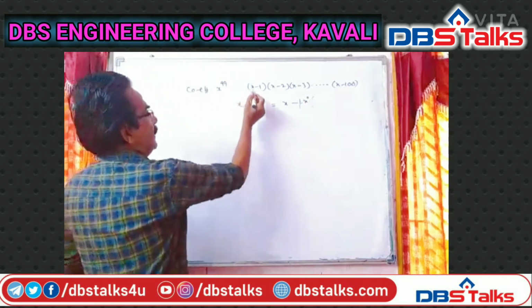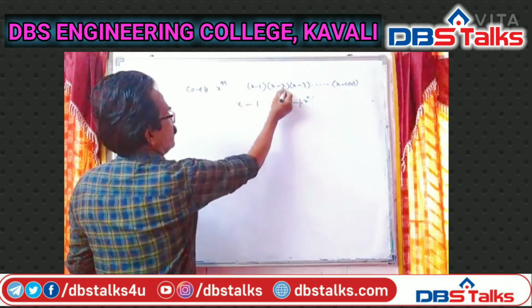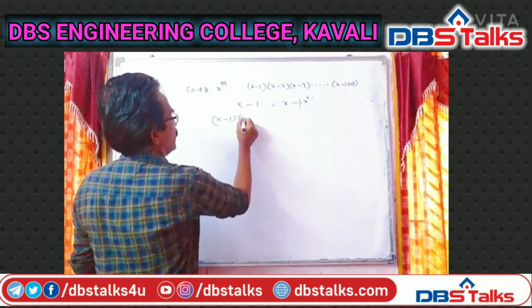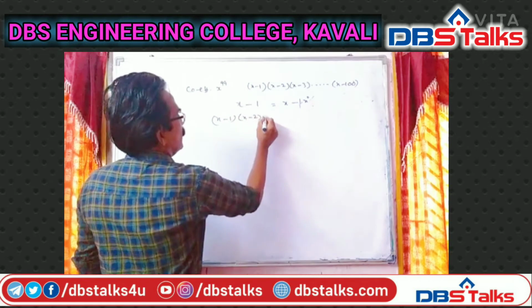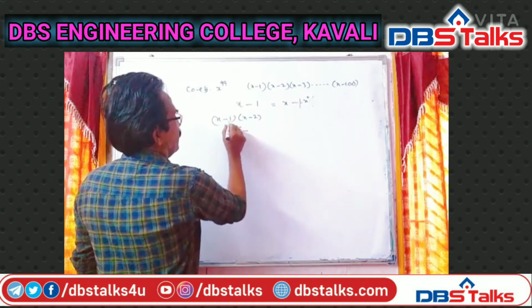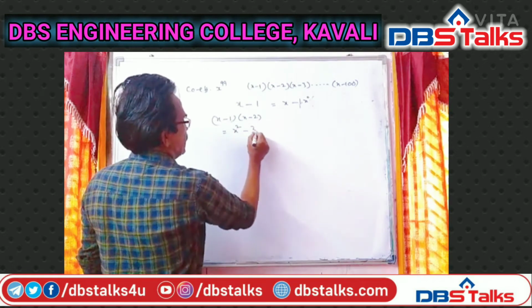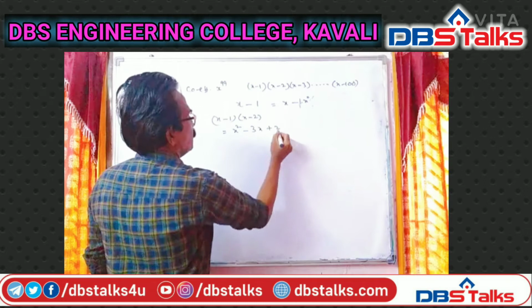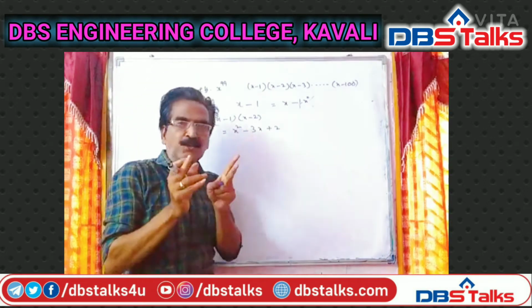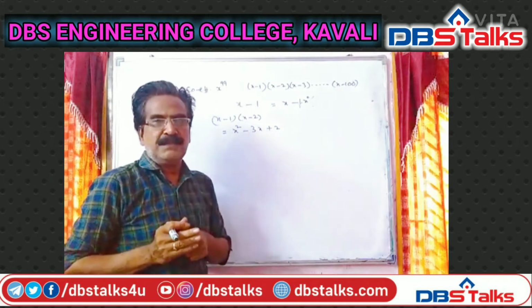Let us multiply two terms, x minus 1 into x minus 2. Friends, this is equal to x square minus x minus 2x plus 2, that is x square minus 3x plus 2. Here we are taking the product of two terms.